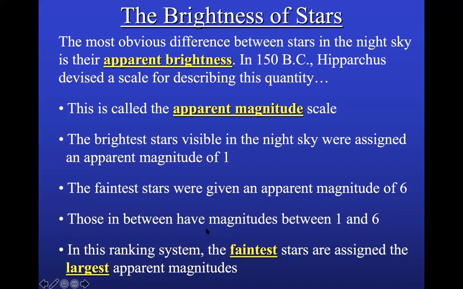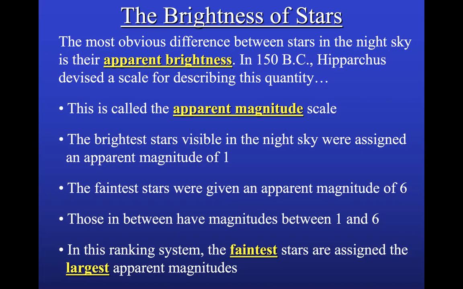Now the interesting thing here is that in this ranking system, the faintest star is assigned the largest apparent magnitude. Right? This is still valid, and this is the scale that we are still using. Normally in astronomy, when measuring brightness, when the number is higher, that means that particular object is fainter. If the number is smaller, and if it is even negative, that means those stars are brighter. So once again, if the number is higher, they become fainter.